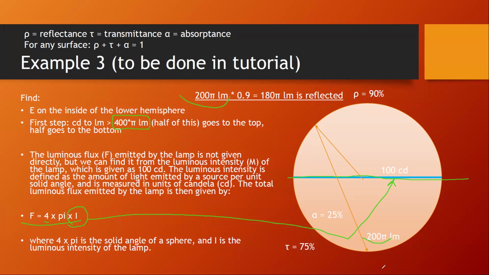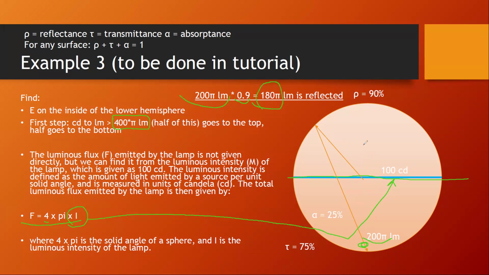The upper side of the globe, you got the 90% reflectance. Why do I need to multiply it by 90%? Because the question is asking me to solve things for inside of the lower hemisphere. So we're calculating things for this point right here. I want to see how much of this light is reflected back to this point. 180 is the final answer because of the 90% reflectance.